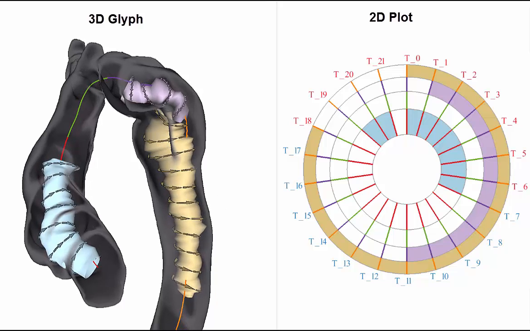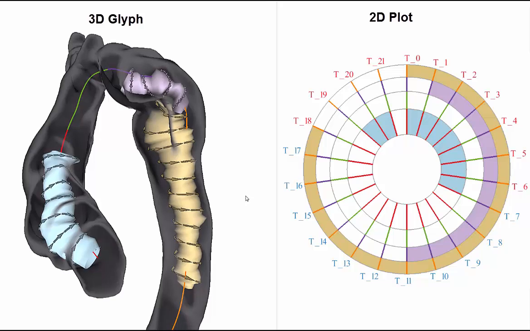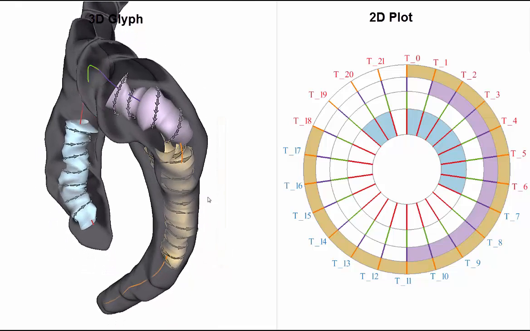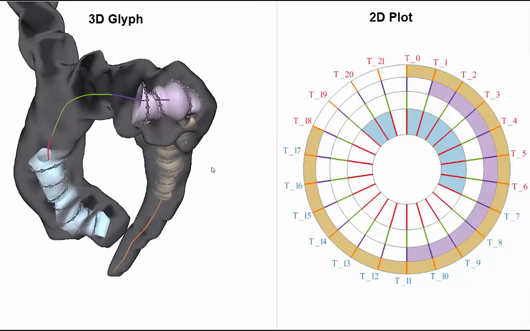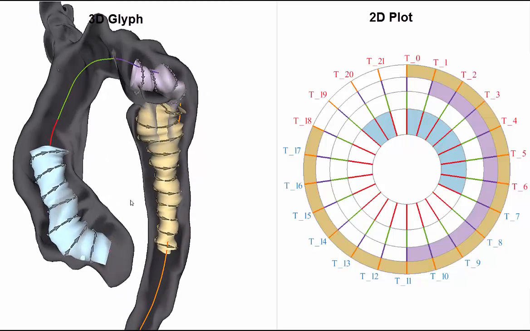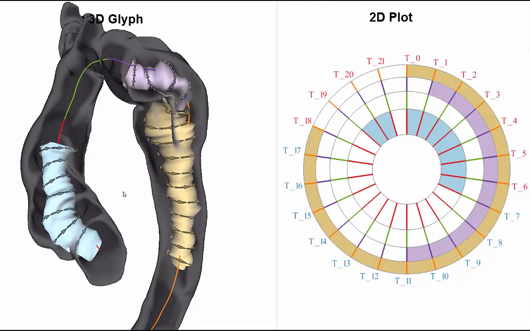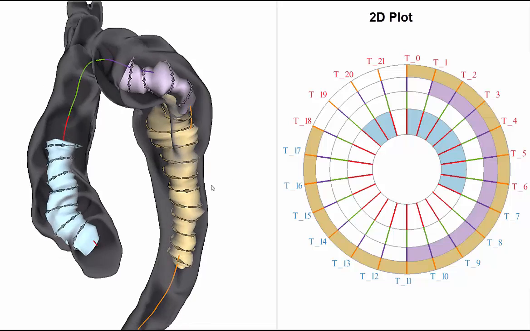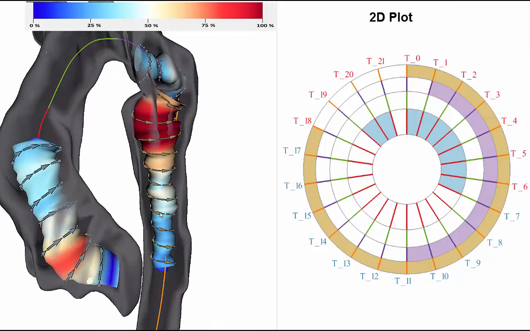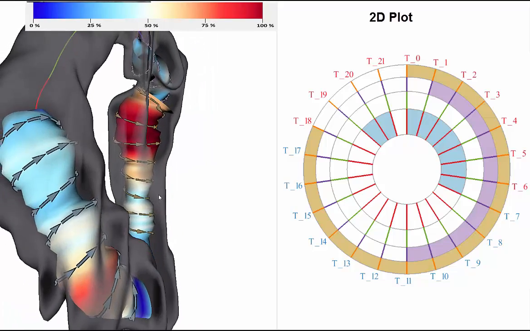In the case of a left-rotating vortex, such as the brown vortex, the arrows point in flow direction to the upper left. To generate a correlation between the 3D glyph and 2D plot visualization, the arrows get the cluster color.